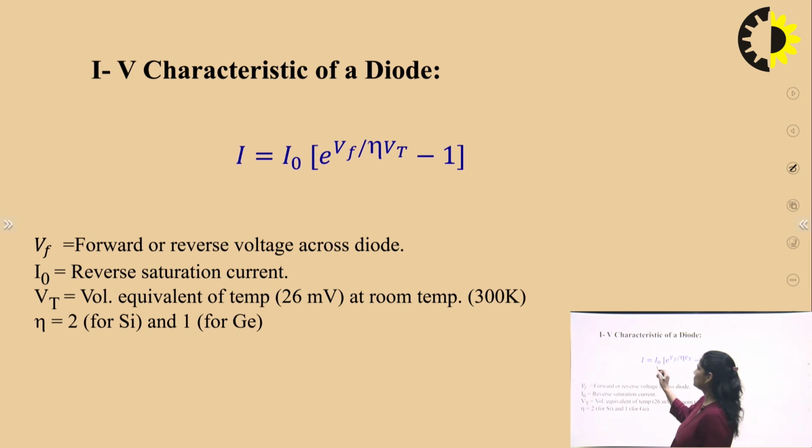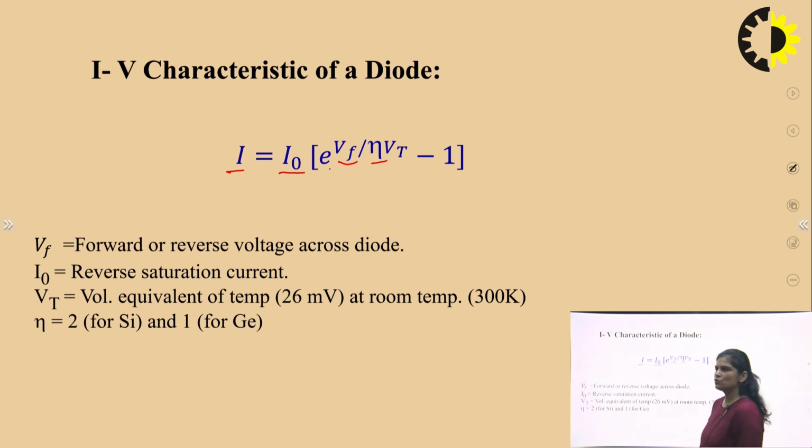I is equal to I naught e raised to the power Vf upon eta Vt minus 1. This is the current equation of a diode. Here, I is current, I0 is the reverse saturation current, and Vf stands for the forward voltage across the diode.